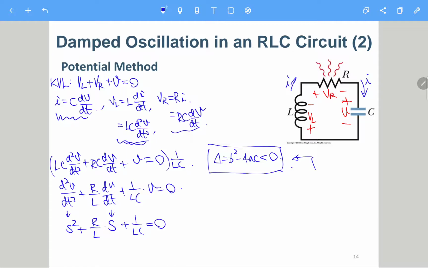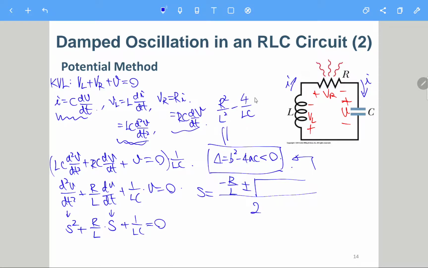In this case, we will have complex conjugate roots for this characteristic equation, and of course S will be minus B over 2A, which is minus R over L over 2, plus or minus the square root of B squared minus 4AC, which is R squared over L squared minus 4 over LC.